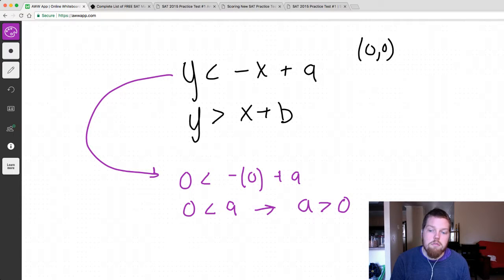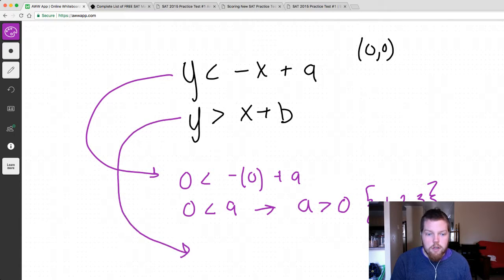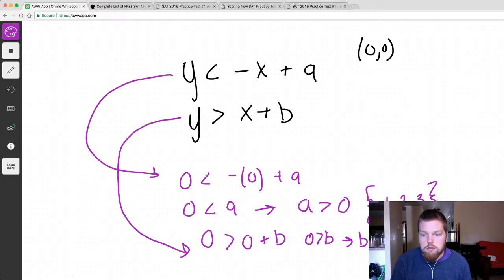So some possible values could be like 1, 2, 3, etc. And for here, we'd have 0 is greater than 0 plus b, or 0 is greater than b, which then implies that b is less than 0. So some possible values could be like negative 1, negative 2, negative 3, etc.